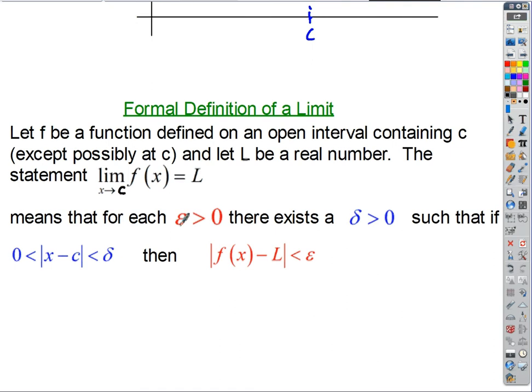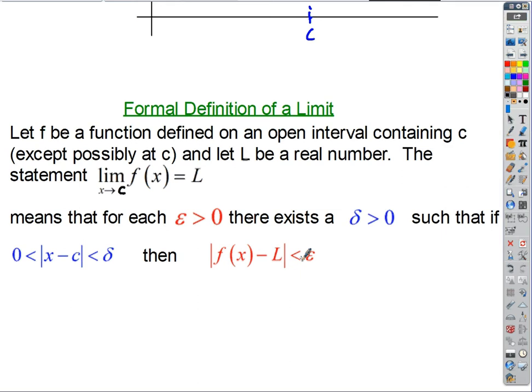For each epsilon that's greater than 0, there exists a delta, and epsilon is just like a Greek e, a lowercase Greek e, and that's a lowercase Greek d. Delta is greater than 0, such that when the absolute value of x minus c is greater than 0 and less than delta, then the absolute value of f of x minus L is less than epsilon.